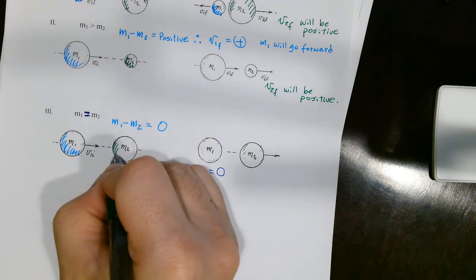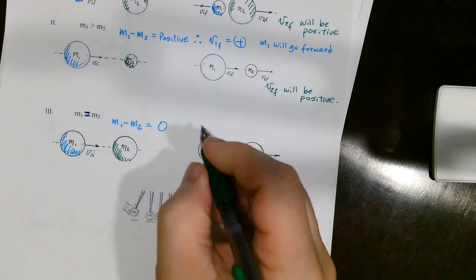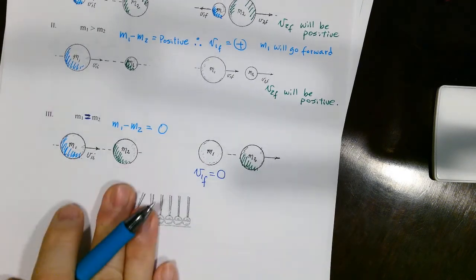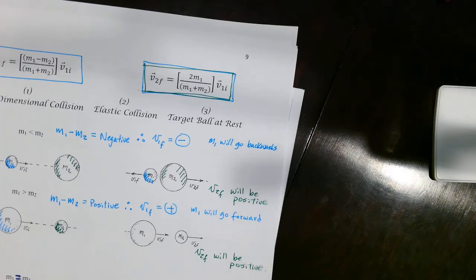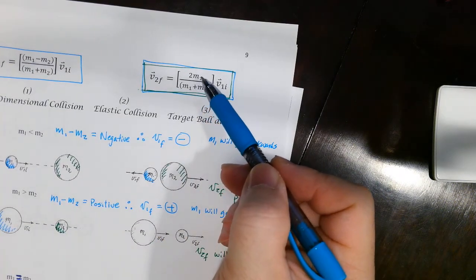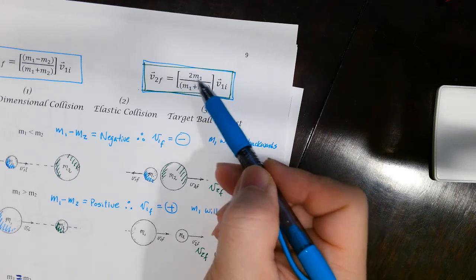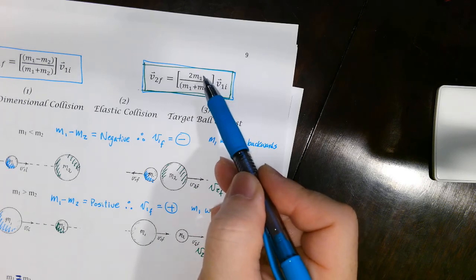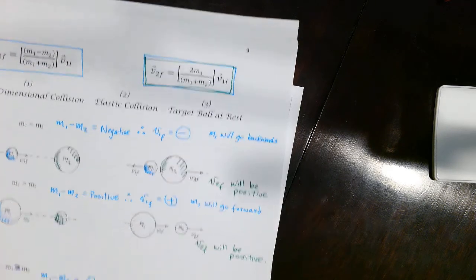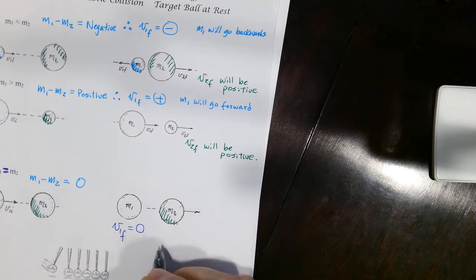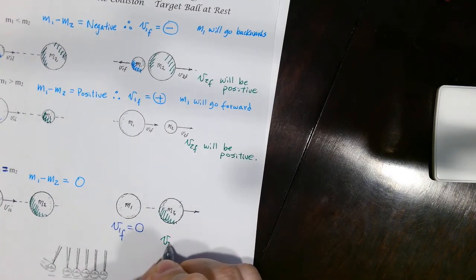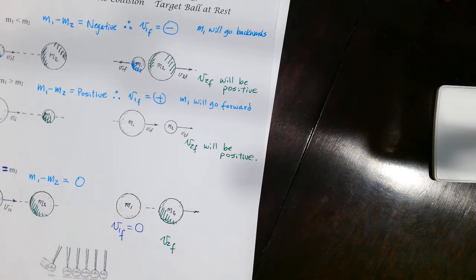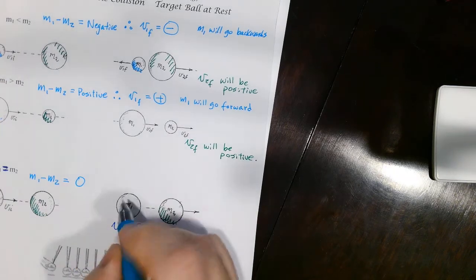Then, if we look here, M1 and M2 are equal to each other, so this would be 2M, and this would be 2M. So this would be just 1 if M1 is equal to M2. In that case, your V2 final will be the same as your V1 initial.